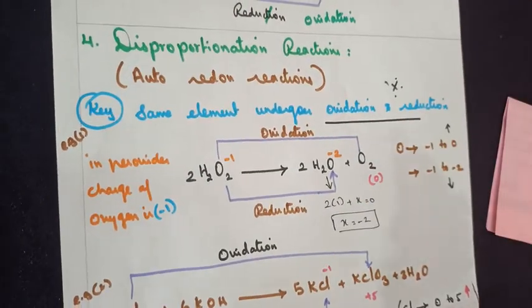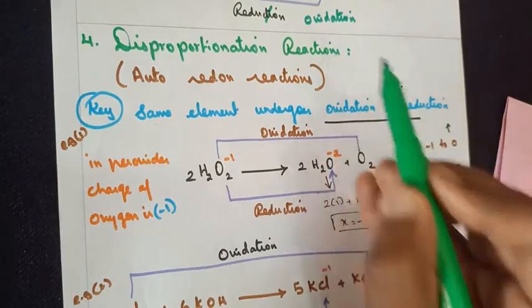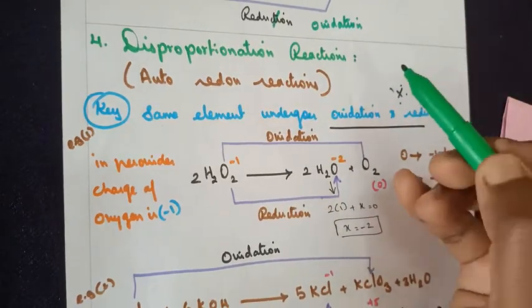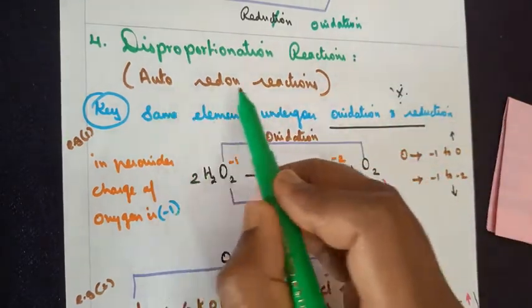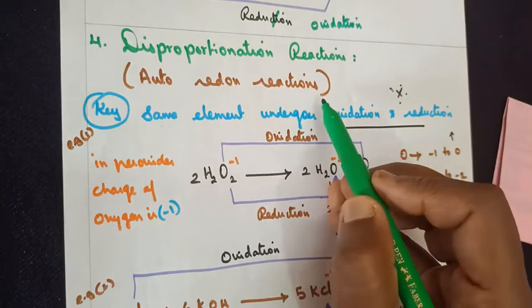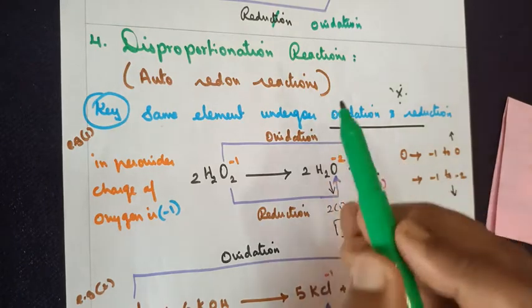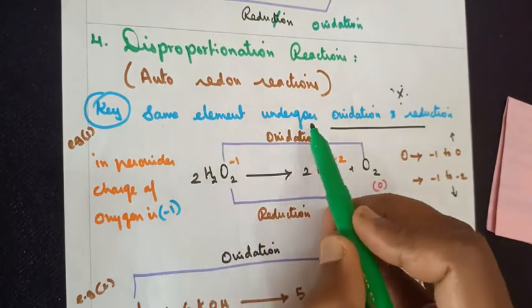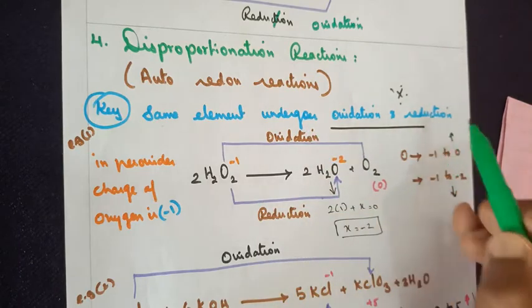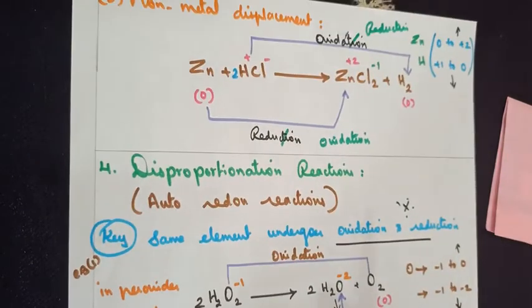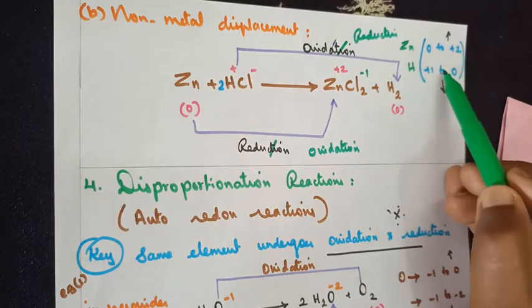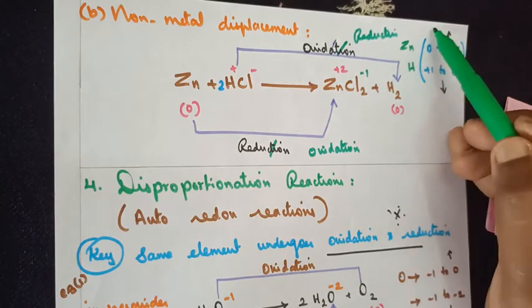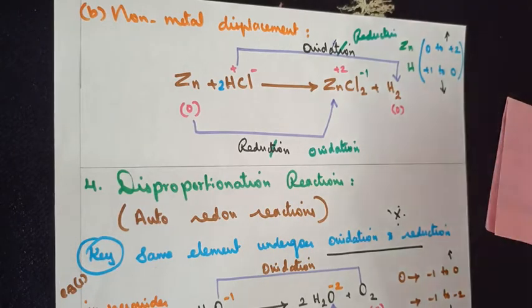Moving on to the next category, the disproportionation reaction, also called auto-redox reactions. The only clue you have to remember here is that the same element undergoes oxidation and reduction. In the previous categories, 2 different elements were involved. One undergoes oxidation, the other undergoes reduction.